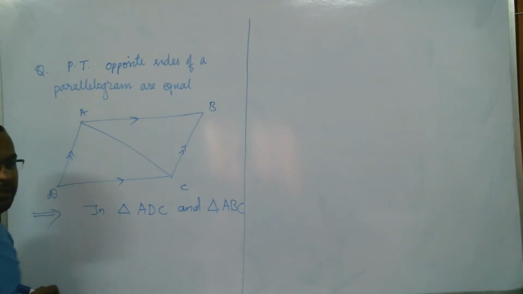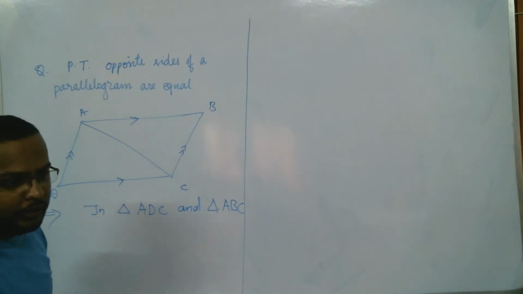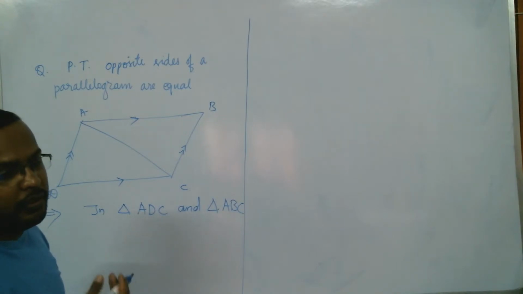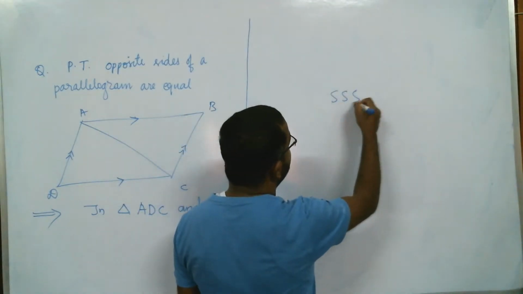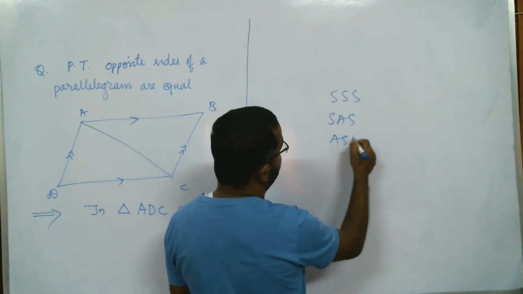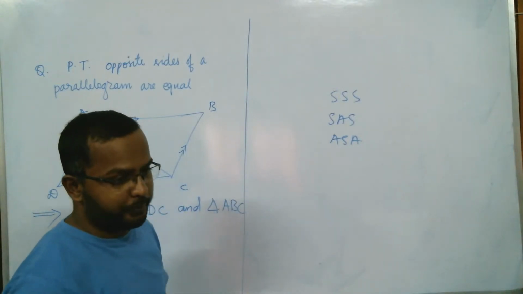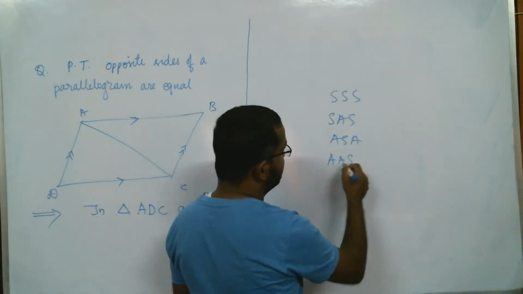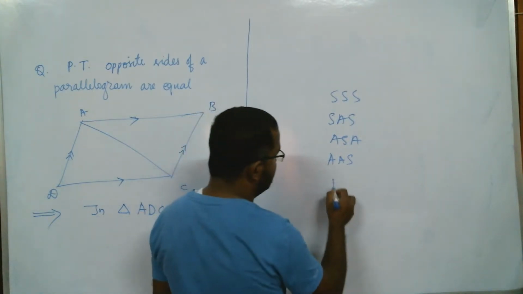How can you prove this? For proving these two triangles congruent, which angles or which sides can you take here? In the congruency chapter we have already learned the criteria. Either you can prove it by SSS, SAS, or ASA, or you can take AAS. And one more is there, that is the RHS criteria.